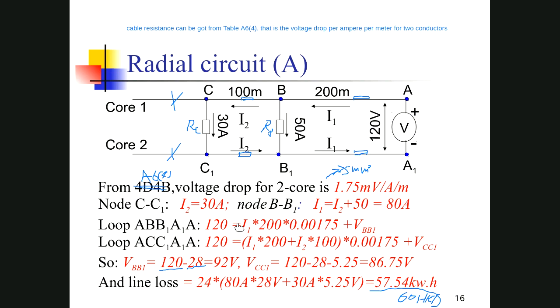For example, on the ground level, if the source voltage is 220 volts and the cable is just 25 square millimeters, then the voltage drop along a 100 meter cable for a current of maybe 100 amperes is about 220 volts. That's terrible. The source voltage is 220, but your voltage drops to 200, right?